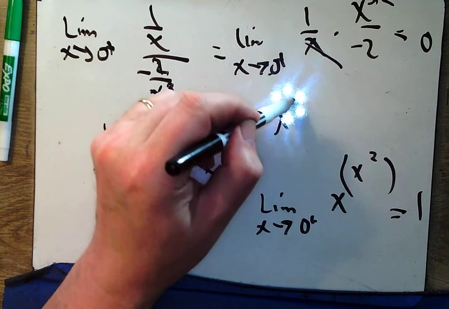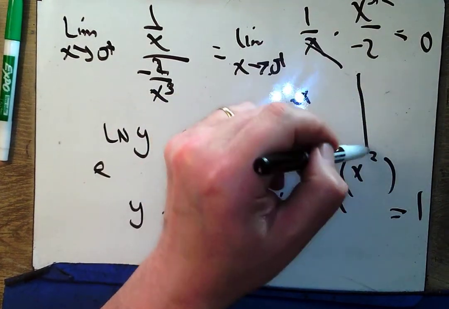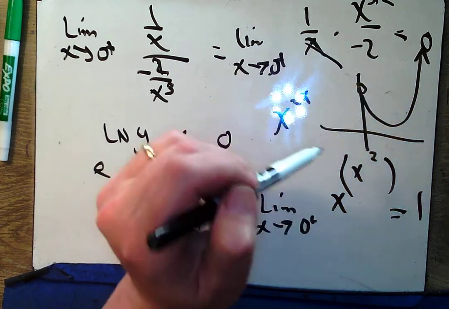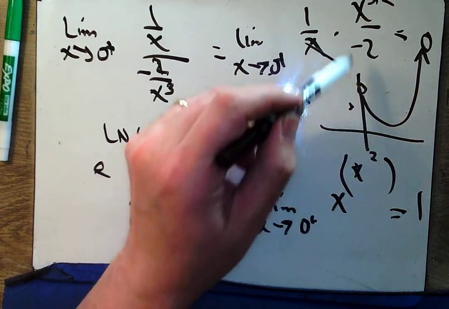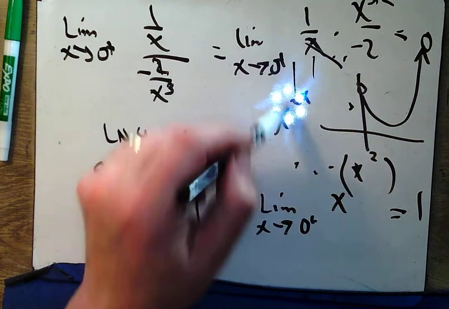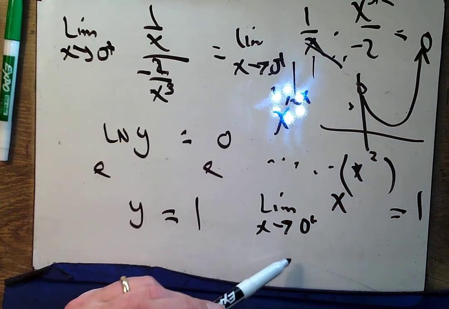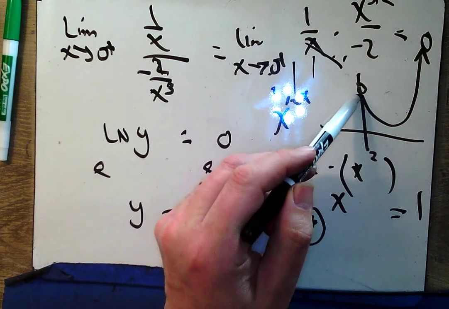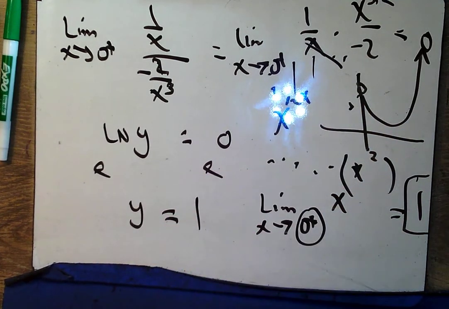We did, I think it was x to the 2x. Remember over here, it kind of looked like a fish hook and undefined there, and then it was doing that thing with the dots on the other side, and that's why we're looking for the positive. From the positive, what y value are we approaching? We're approaching a y value of 1. So I can claim the limit there is 1.